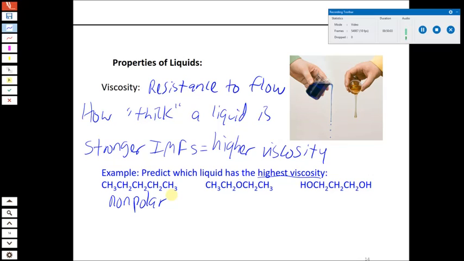So remember, in any structure that has no lone pairs, you don't have any possibility of having polarity if all the atoms are arranged in that way. So we have nonpolar molecules anytime you're dealing with hydrocarbons. And so because it's nonpolar, the only intermolecular force you have is London dispersion forces. So for this molecule, London dispersion is the only type of intermolecular force you have.